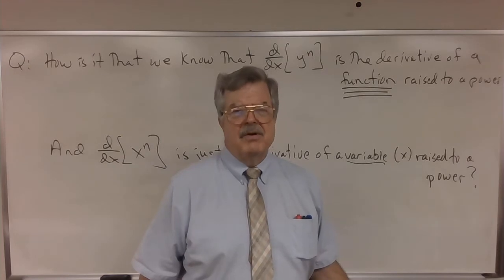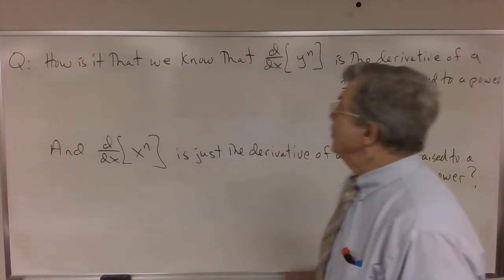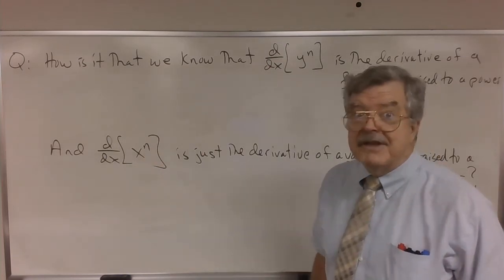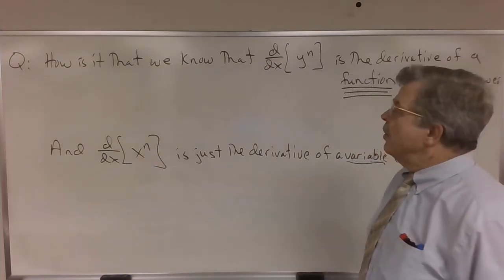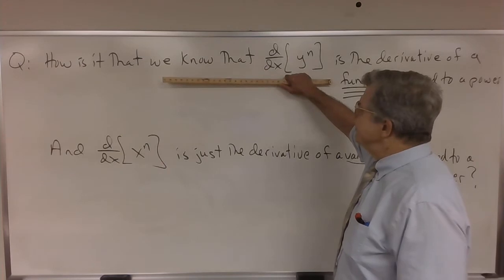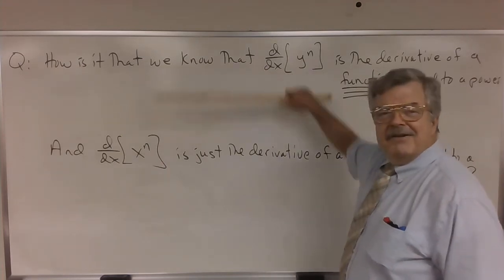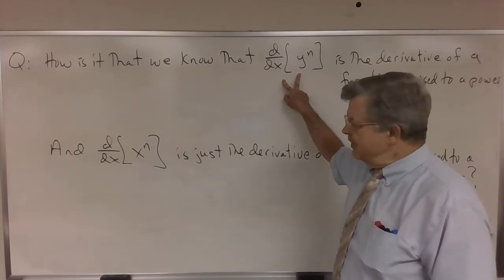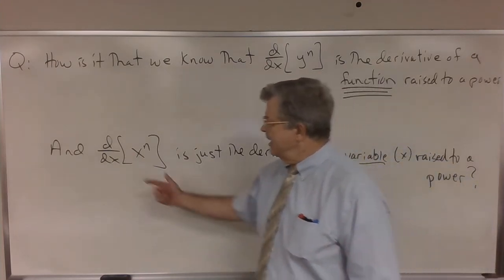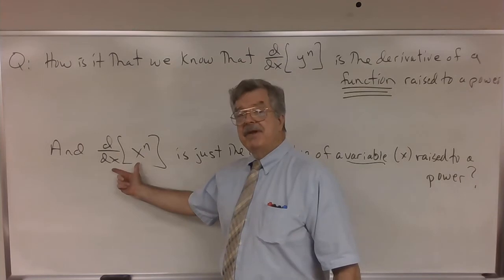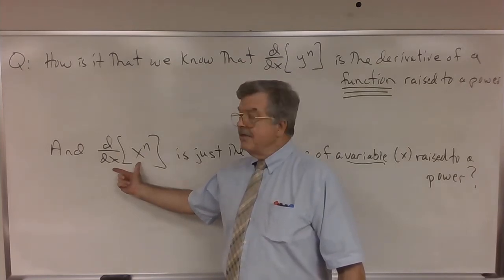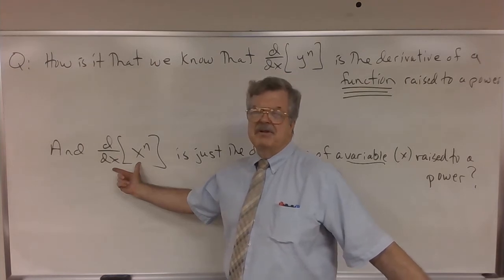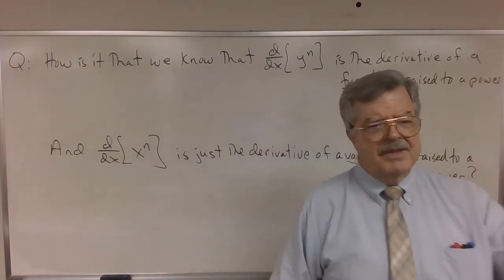How are we supposed to know which one of these is a function raised to a power, if either one really is? What is it about the appearance of this that identifies it as the derivative of a function raised to a power, and the appearance of this that tips us off that this is just the derivative of a variable x raised to a power?